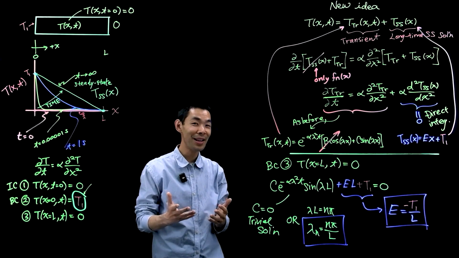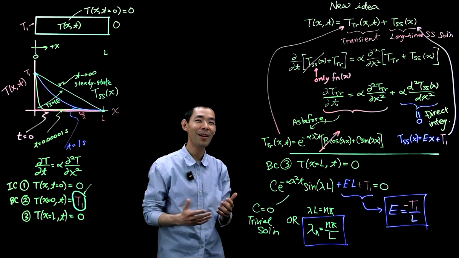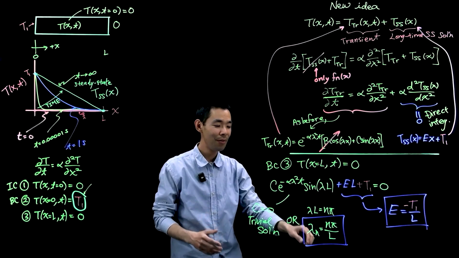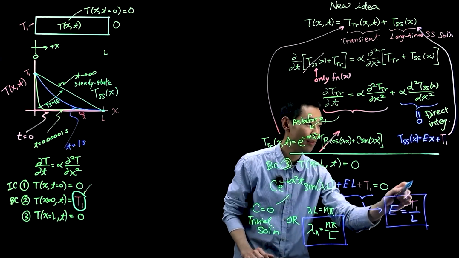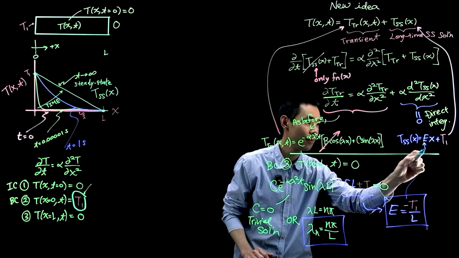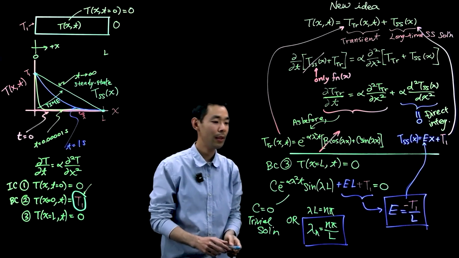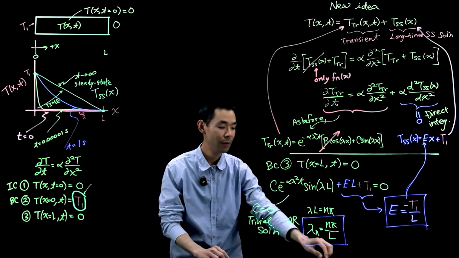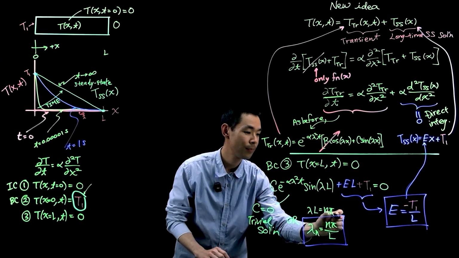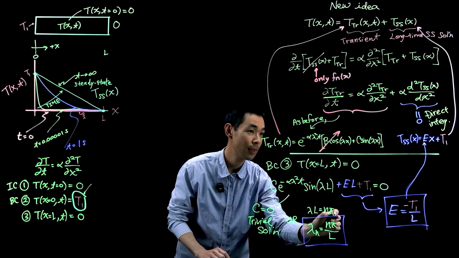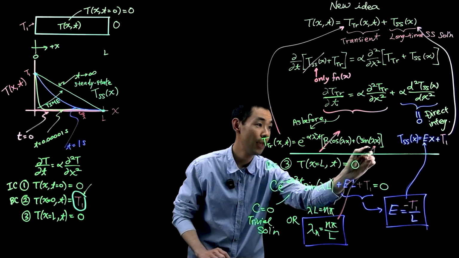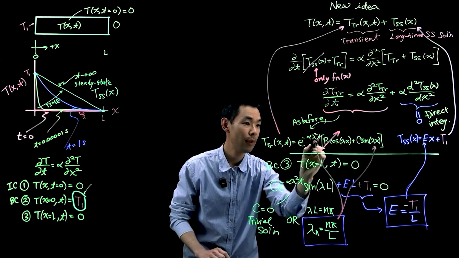So at this stage, we're making a lot of progress because now we know what the E is right there, and we know what the lambdas are. These lambdas tell you there and there.